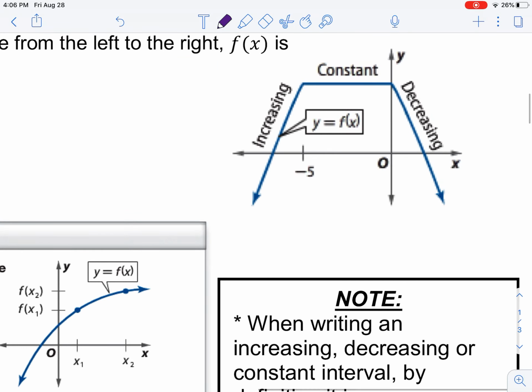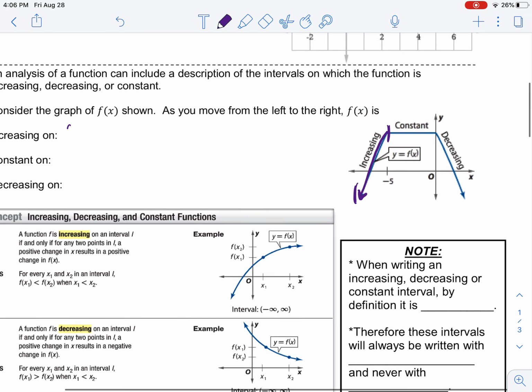So if you look here, if I want to know on what interval this function is increasing, as I look from left to right, it is increasing from here to here. So if I look at the domain of that piece, it's from here to here. That is from negative infinity to negative 5.